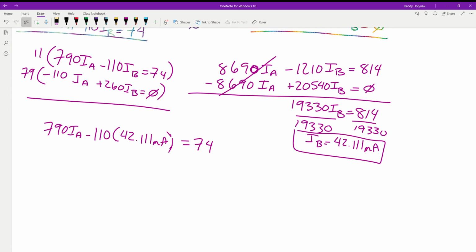So the 110 times 42.111 milliamps is 4.632. We're going to add it to get it to the other side of the equals.